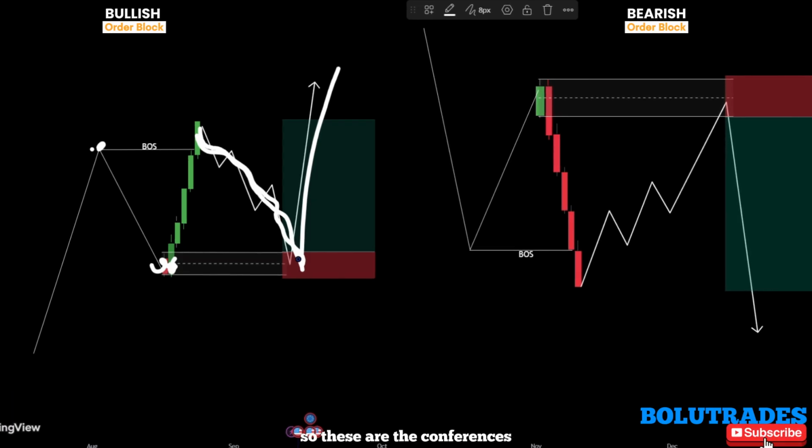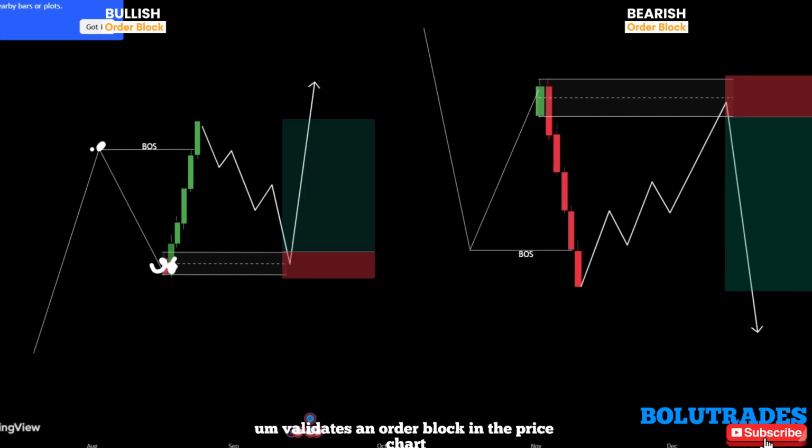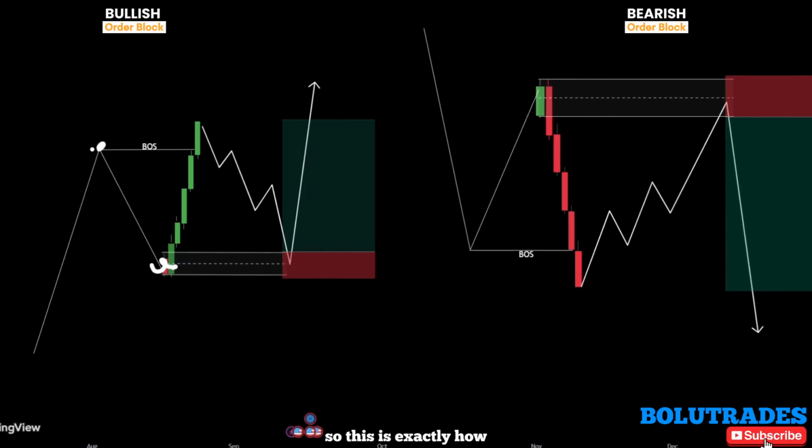So these are the confluences you need to navigate in the financial market before you can validate an order block in the price chart. This is exactly how an order block looks in the price chart.